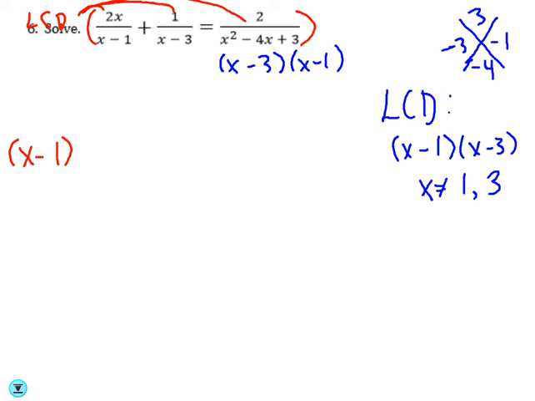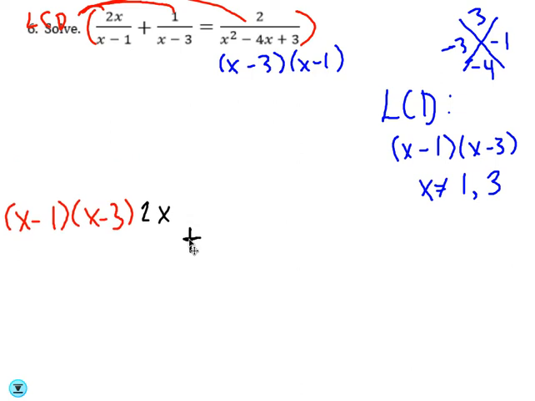I might run out of room. Times that 2x. I'm going to go back and rewrite the denominators here in just a second. I am going to run out of room. We're just going to move this real quick.